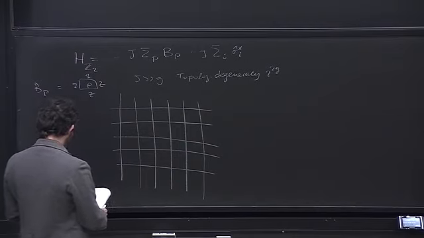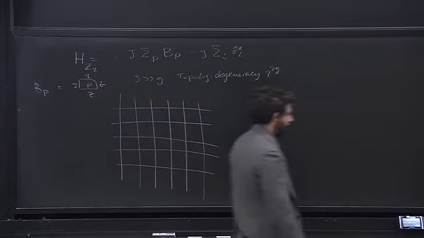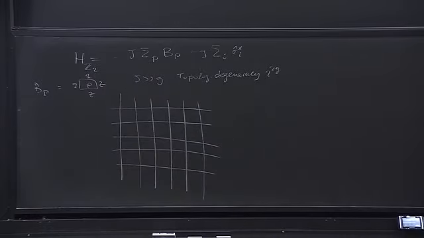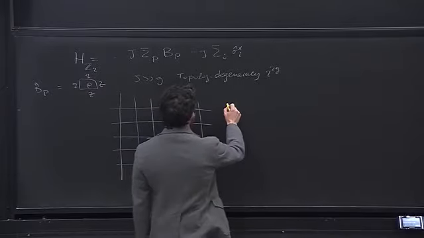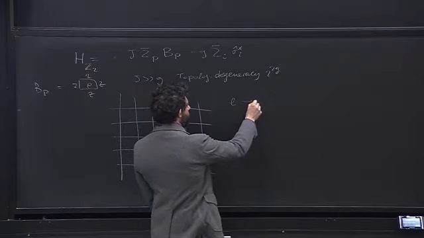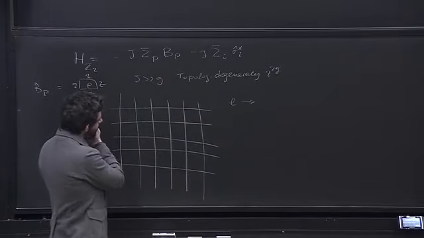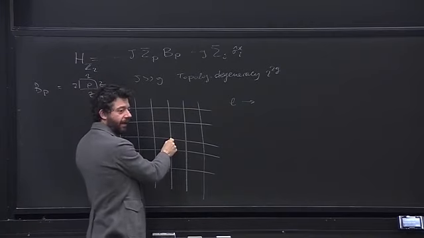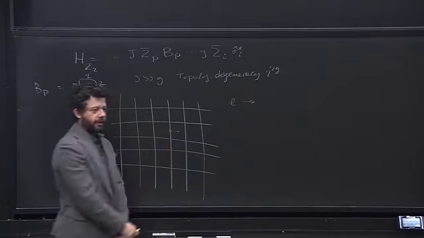So what we do is define two new variables on the dual lattice. So from the links, we go to, in 1D we would go from the links to the sites, but in 2D duality, from the links we go to the plaquettes.